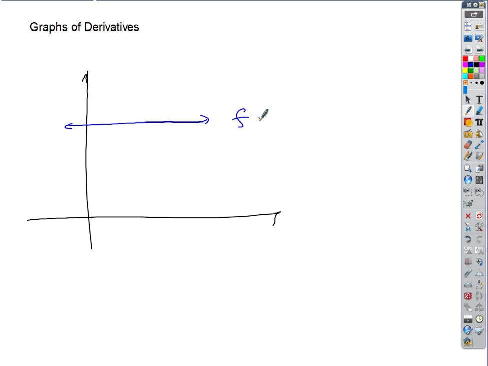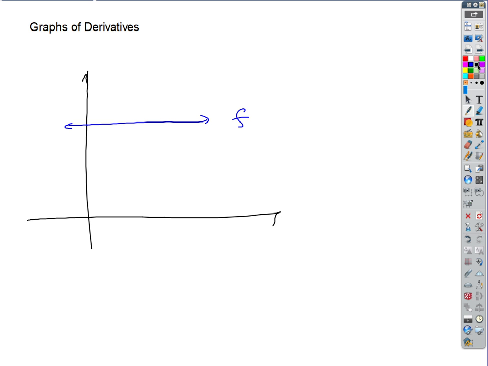Okay? Before we do that, let's remind ourselves, what's the relationship between a function and its derivative? It might seem a little counterintuitive now, but it won't soon. What does a derivative do again? It's the slope of the function. So we did some examples.